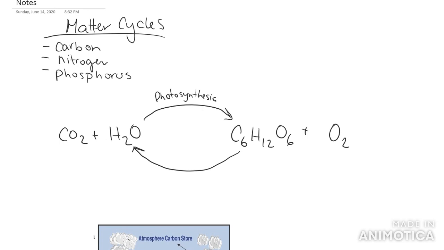That's actually how your cells get energy to do everything, and that is called cellular respiration. So what's important here is we're moving our carbon from the atmosphere into the biosphere, and then we're taking it from the biosphere and releasing it back into the atmosphere. So it's going back and forth.